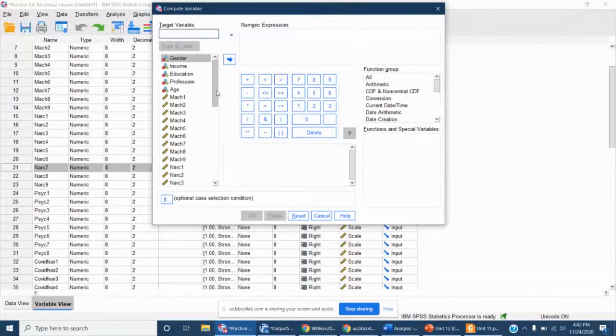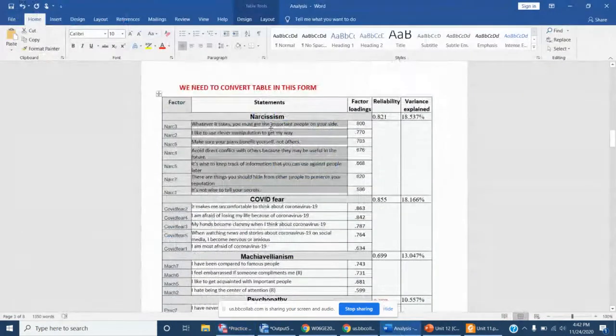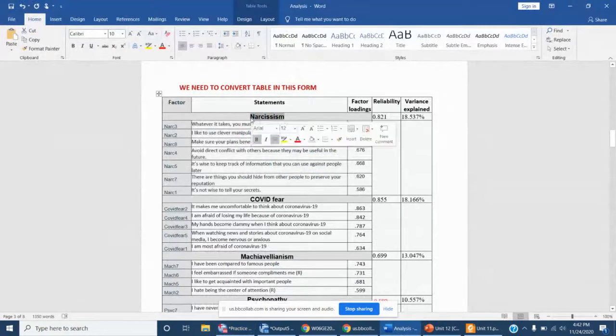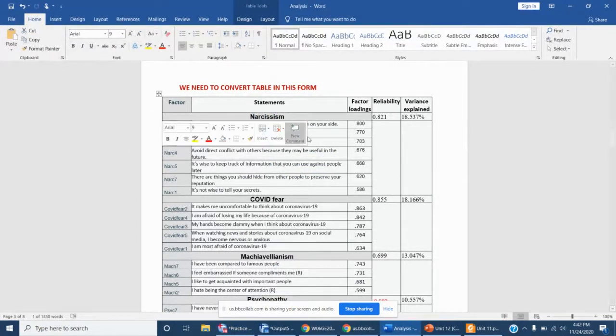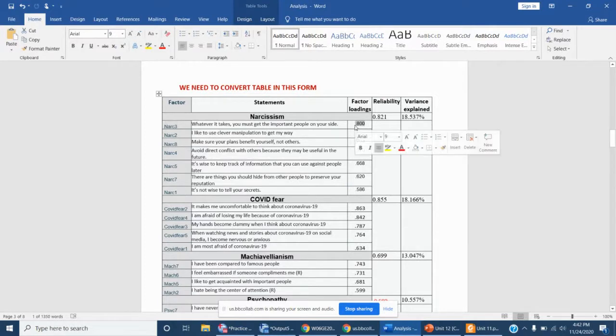So here I need to calculate the index of my variable. I will first calculate the index of my first variable, which is narcissism. In narcissism, the question narcissism 3 is the most important question because its weight is 0.800.